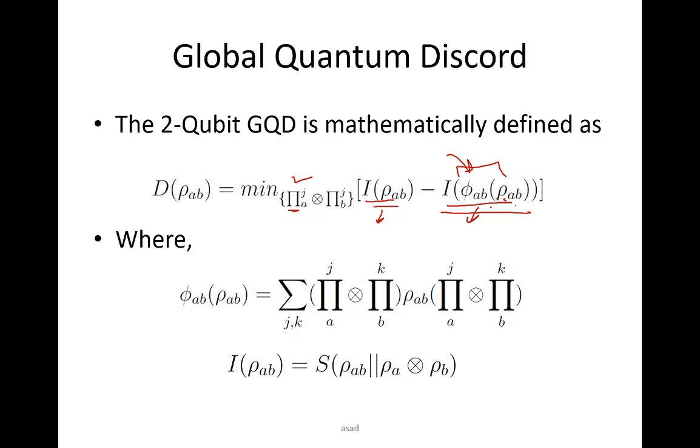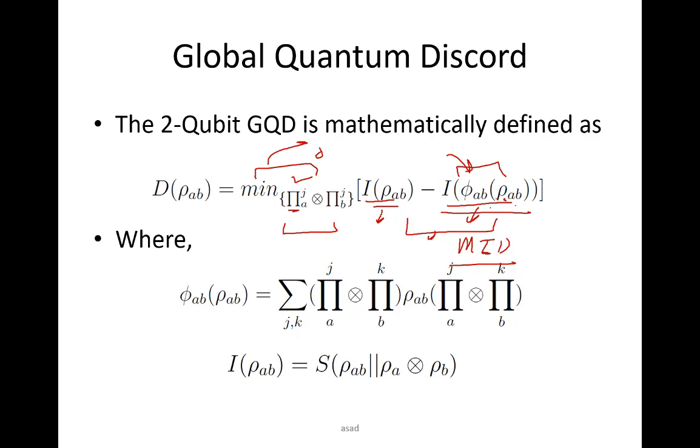This subtraction is called measurement induced disturbance, which means the value of disturbance in the quantum information whenever the measurement is made. So this is called MID, measurement induced disturbance, and you have to ensure that your measurement is performed on all the states of rho AB. So you have to minimize over all the j's.